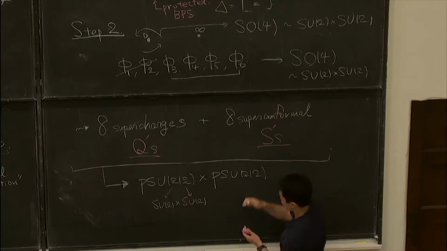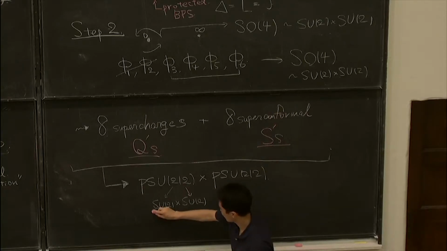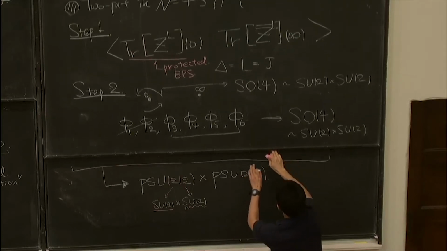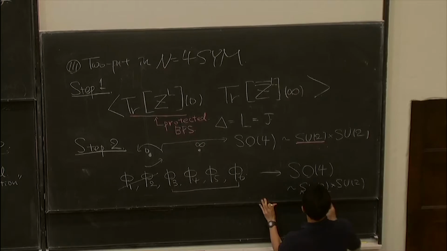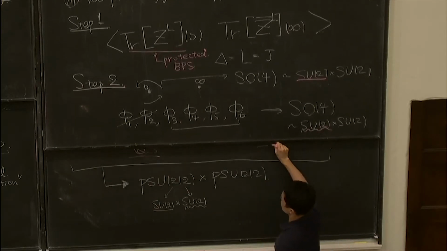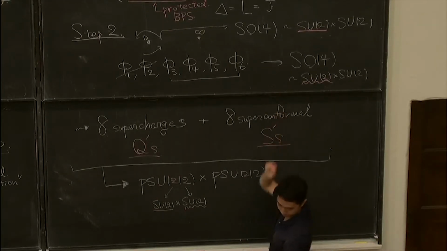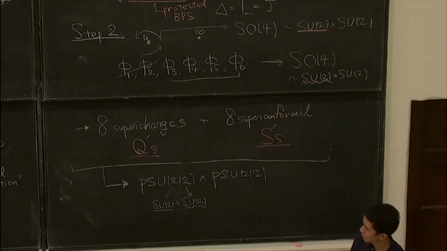Essentially, one of the SU2's in each piece is coming from the space-time SU2, whereas the other SU2 is coming from the R symmetry SU2. Okay, so this is the general structure.